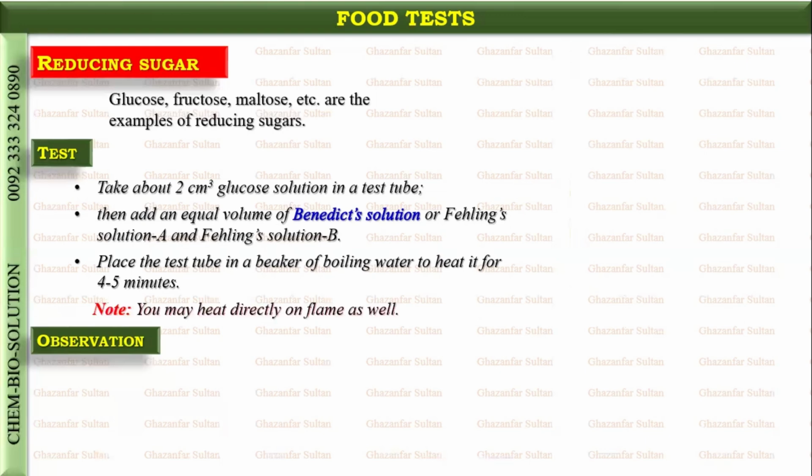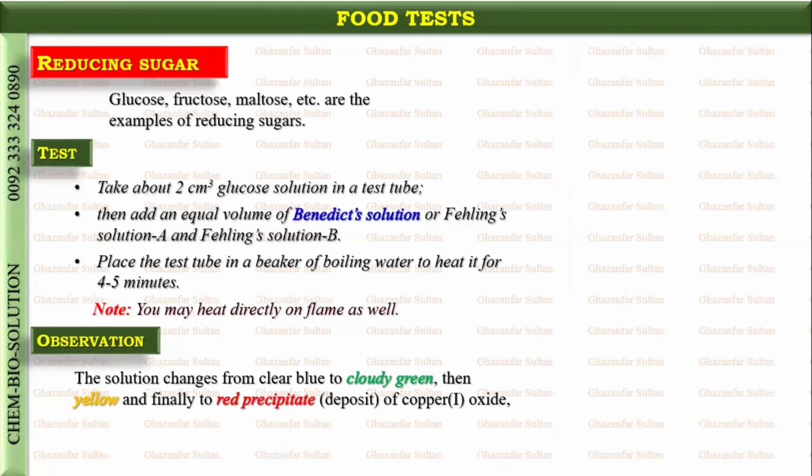So what happens? See, the solution changes from clear blue to cloudy green, then yellow, and finally to a red precipitate. These red precipitates are actually copper 1 oxide. The main ingredient of the Benedict solution or the Fehling solution is copper sulfate, where copper 2 ions are there.